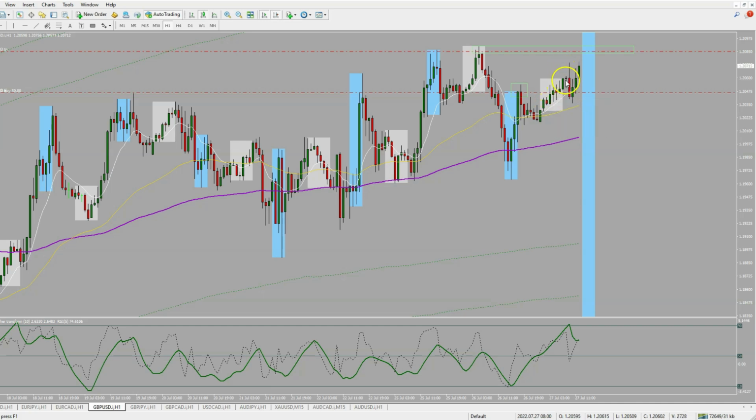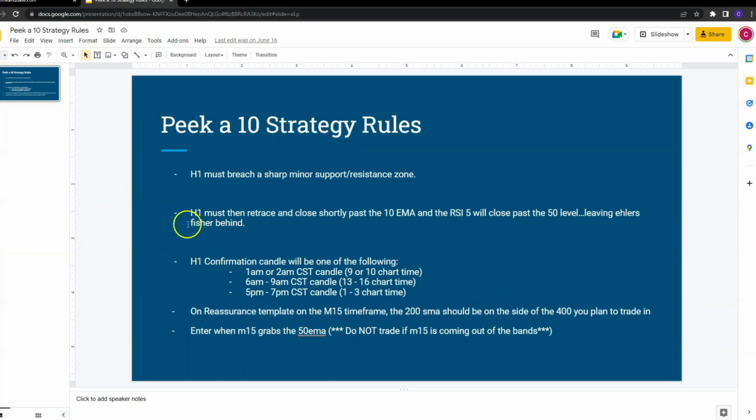Essentially this is just a break and retest, but it's just the way that I see it on this particular setup. It happens in a specific way, but overall it's just a general break and retest of structure.